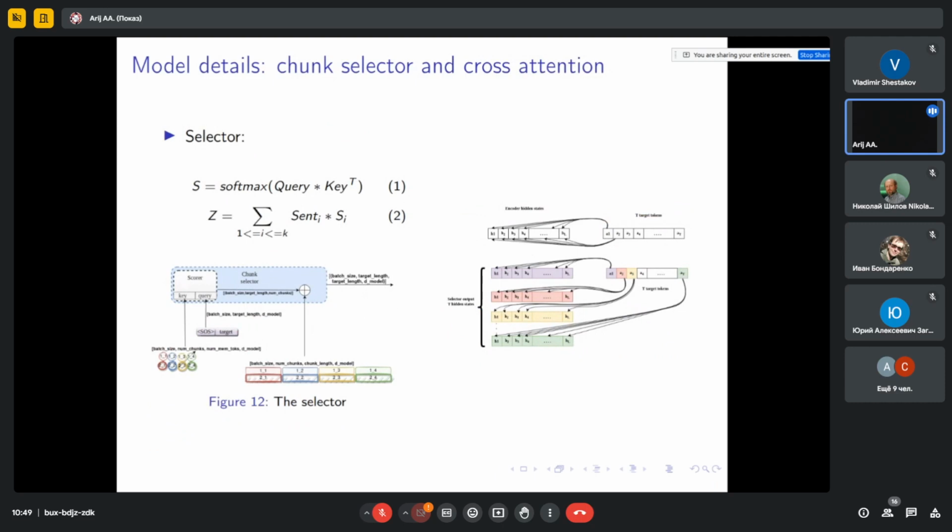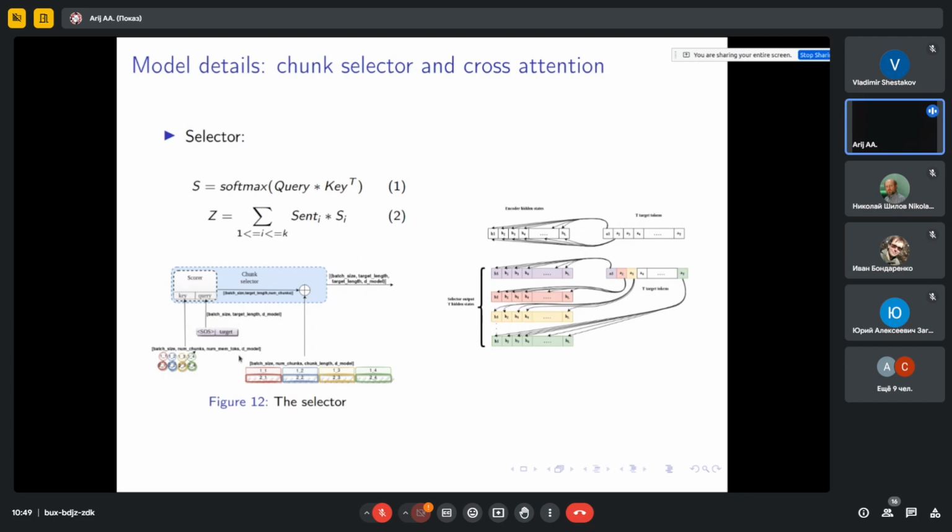The second component is the selector, and its function is to calculate a score for each chunk in the input, depending on just the compressed representation, which is the memory slots, and the target tokens from the decoder.